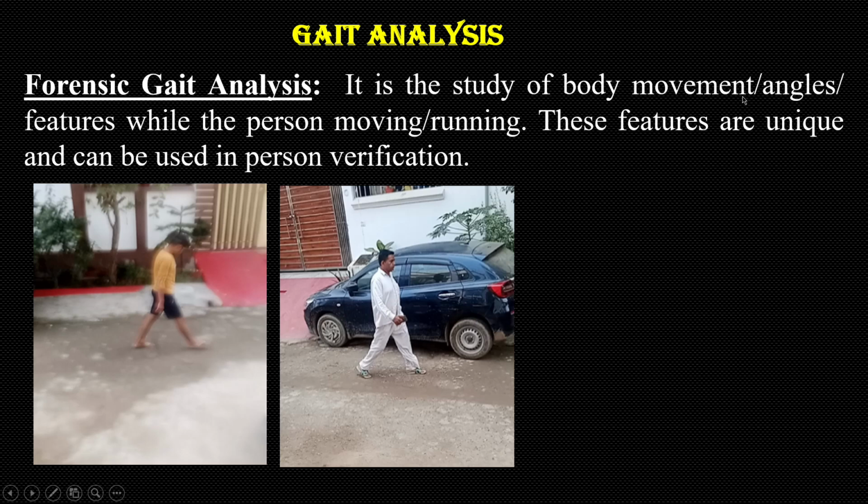It is a study of the body movement, angles, oblique features, while the person is moving or running. These features are unique because of the physiopsychological condition. So these are unique and can be used in person identification.